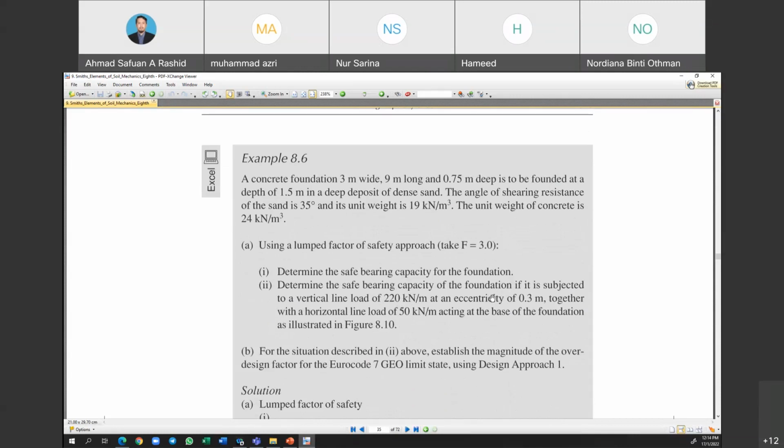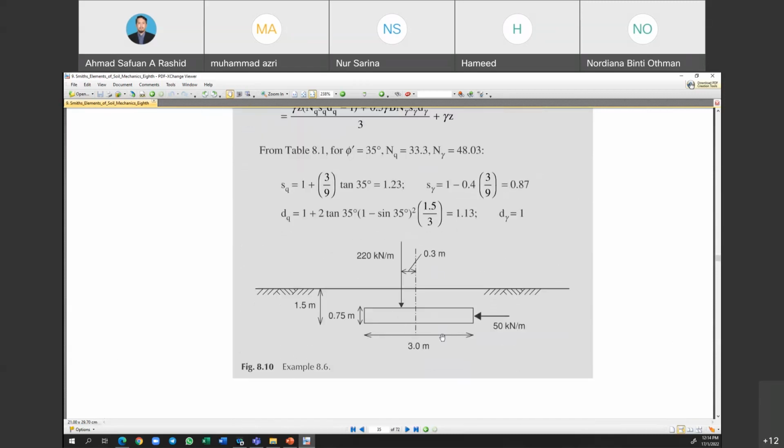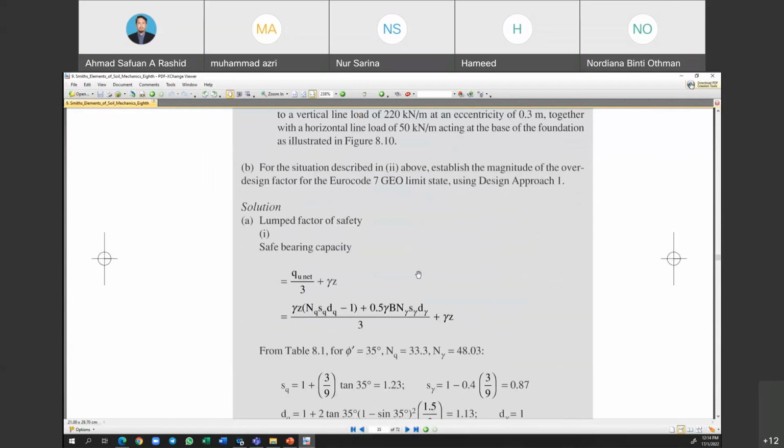Determine the safe bearing capacity of the footing if subjected to a vertical load of 220 and eccentricity of 0.3, together with a horizontal line load of 50 acting at the base of the foundation. So it has an inclination here, and it is illustrated here: 220, 50, at a distance of 0.3.